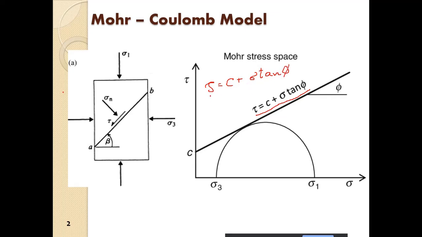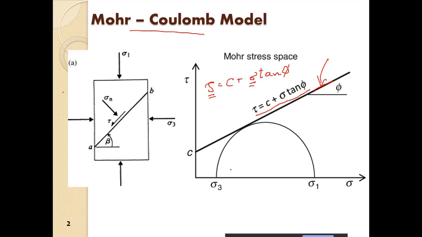Here tau is the shear resistance of the soil and sigma is the normal stress on the failure plane, where the sample will shear off. Now we are going to address two things. In the Mohr-Coulomb model, we have this failure surface, and we will see how we obtain this.